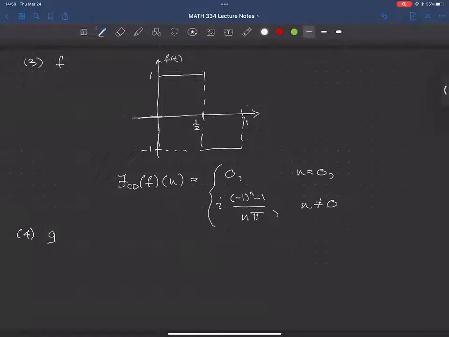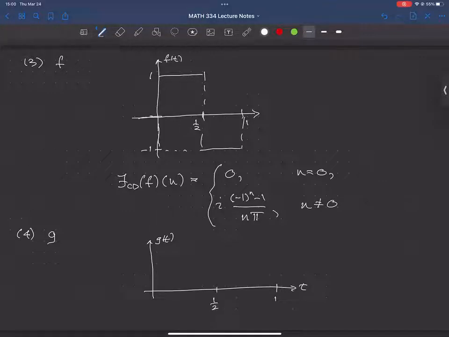Now we're going to introduce another signal G, and again, G is going to pop up for us in various things we talk about with CDFTs. G is defined thusly: it is also periodic with period 1.